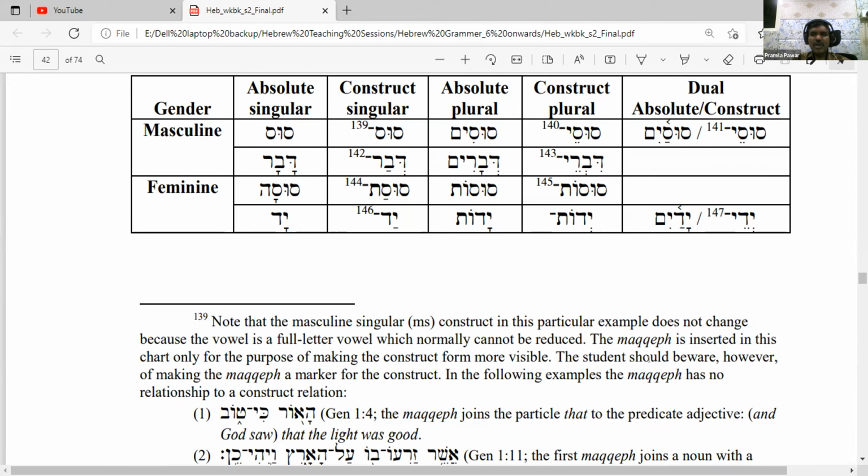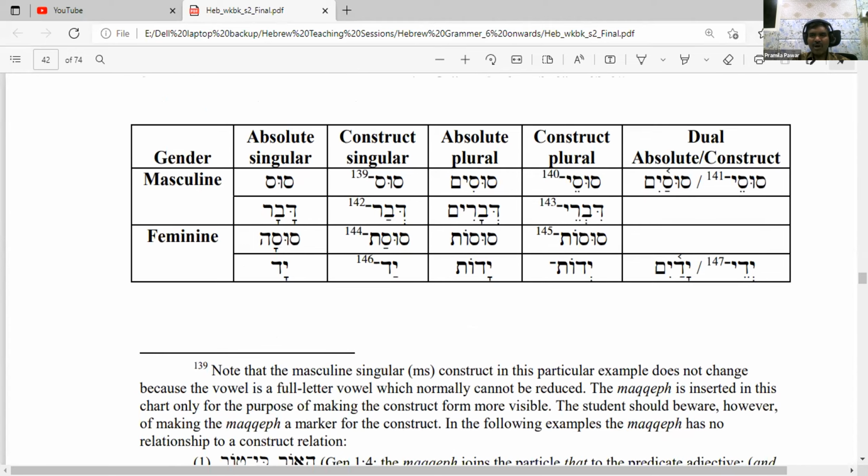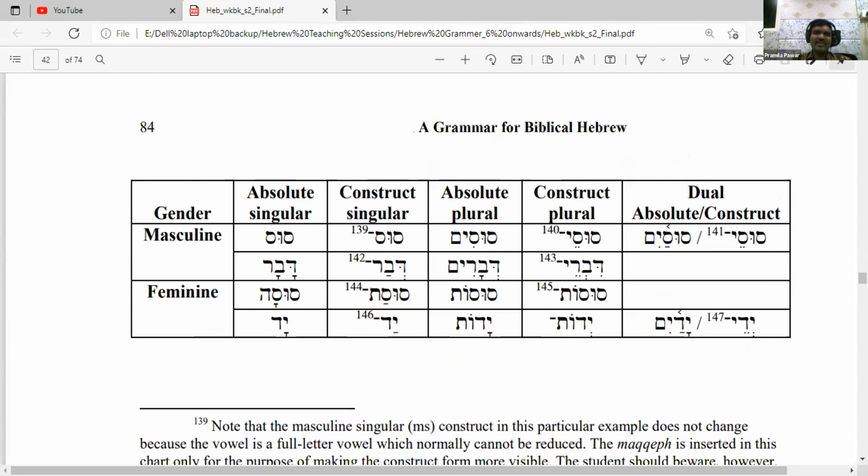The student should beware of treating the makep as a marker for the construct. In the following example, the makep has no relationship to the construct relation. So please note that whether it is with makep or without makep is not the construct state marker. Fix it in your mind. Makep is not a construct state marker, but it can be used as one.